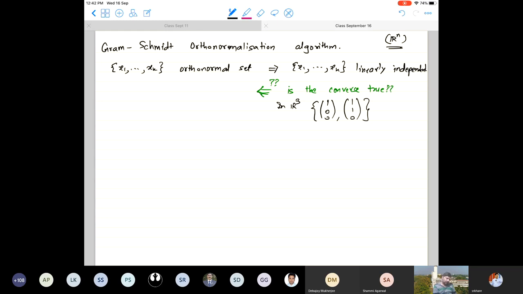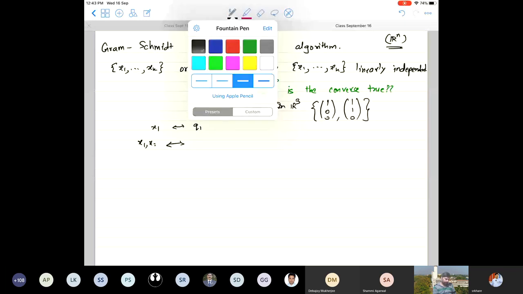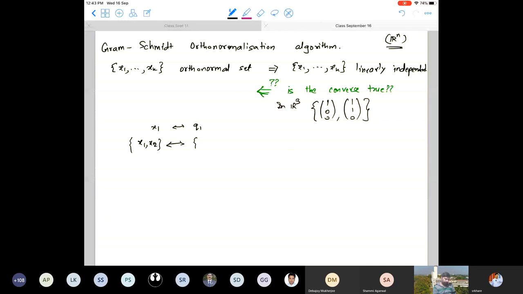It says that from x1 you can go to the first vector q1, then from the independent set x1, x2 you can go to q1, q2. So from x1, x2 up to xk we construct q1, q2 up to qk. This is linearly independent and this is orthonormal.